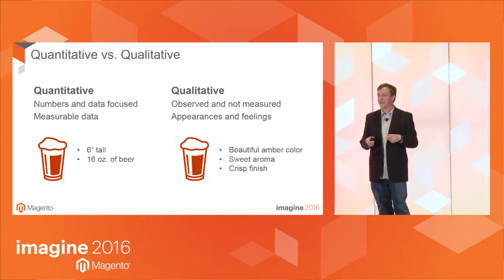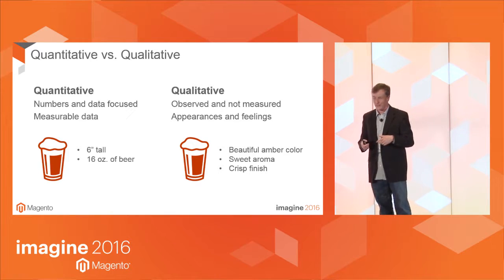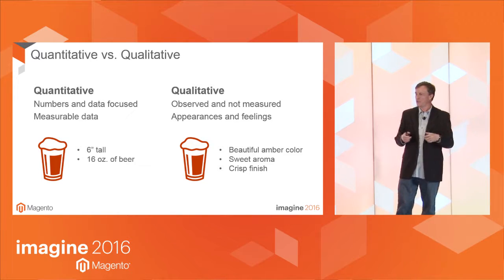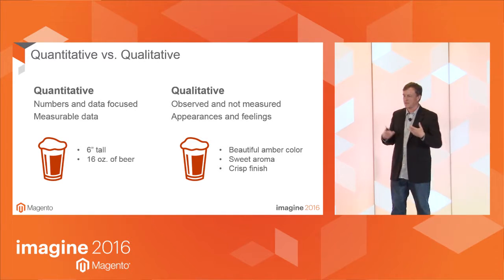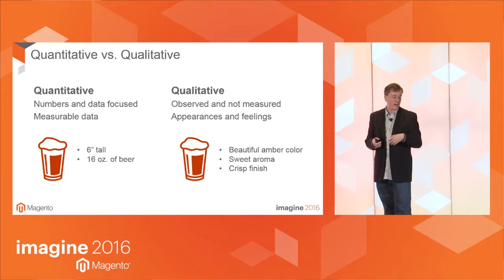So there's really two categories of research methods, quantitative and qualitative. So for the sake of Las Vegas, let's use a pint of beer, for example. So you can look at the same object from two different perspectives. Qualitative has a lot to do with the appearance, the feelings, the emotional qualities of it. So that pint of beer has a beautiful color, sweet aroma, and a crisp finish. Sounds awesome.